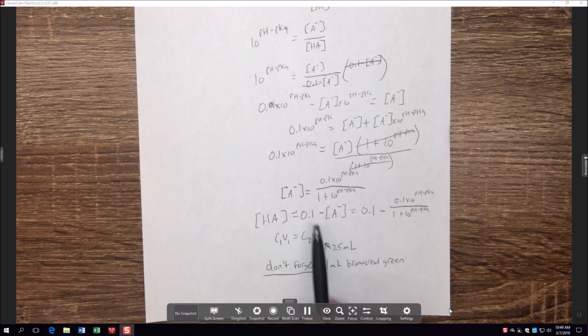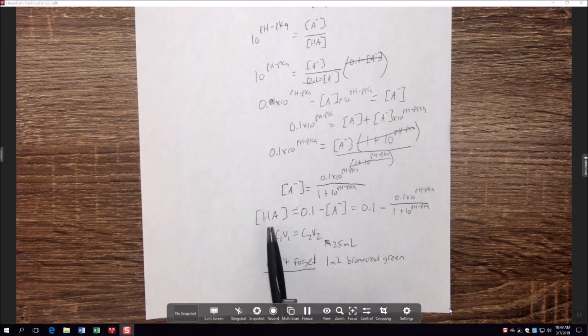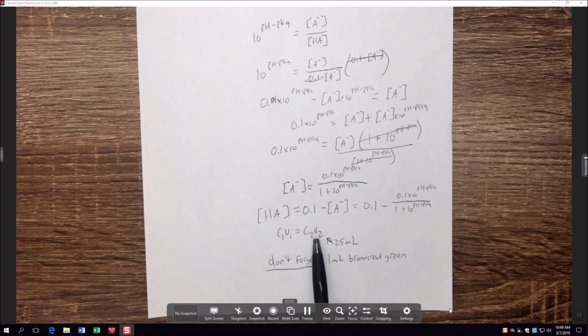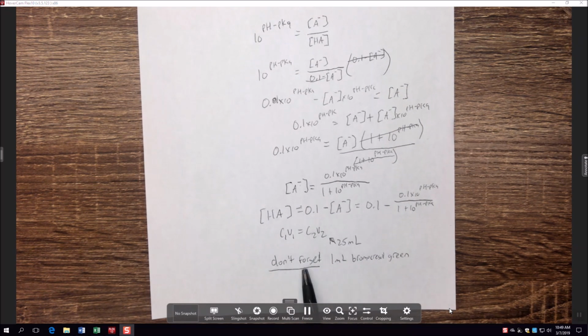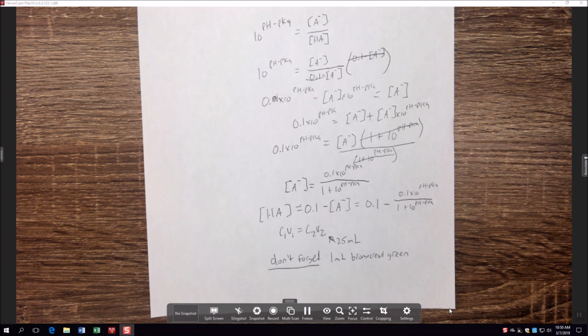So you'll add your appropriate amount of sodium acetate solution. You'll add your appropriate amount of acetic acid that you solve from the dilution equation. Then you'll add 1 milliliter of bromocresol green, and finally you'll dilute to 25 milliliters with water. So that's an example of one of the types of the buffers that you'll be making.